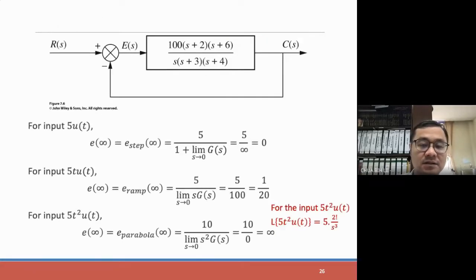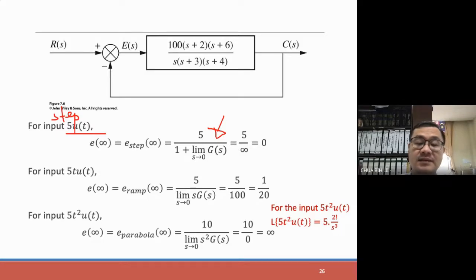First we should know what type of input we have. Since this is a step input, we only use the final value theorem for the step input, which is given by this.